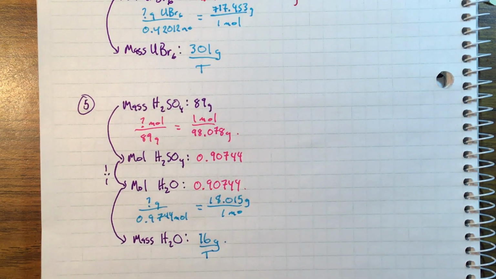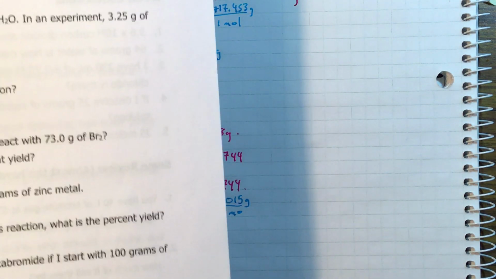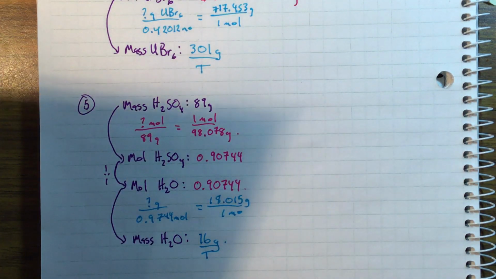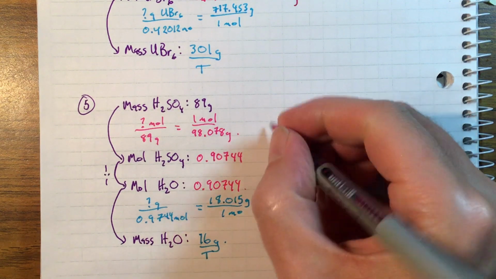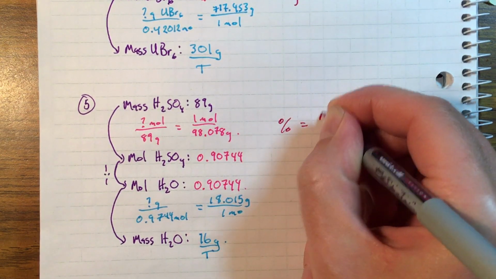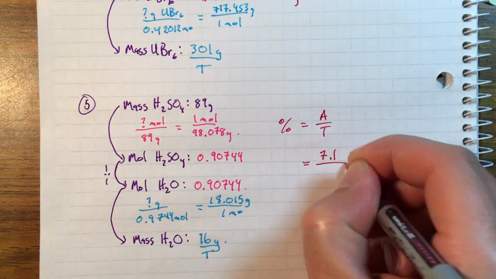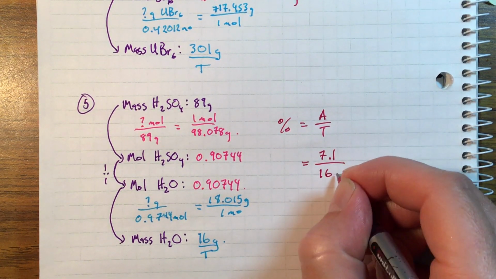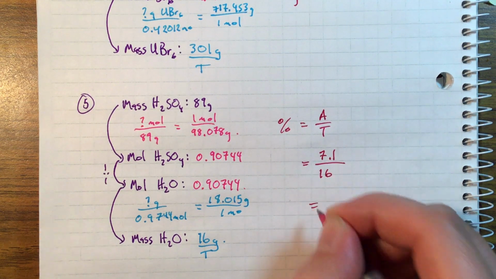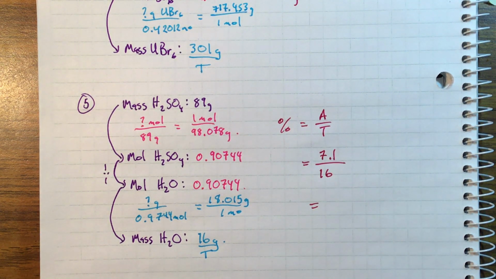This is our theoretical. So now we are going to do our percent yield. Percent yield is equal to actual divided by theoretical. Our actual is 7.1, that's 2 sig figs, divided by the theoretical 16, which is 2 sig figs. But I use the whole number in my calculator, and I do 7.1 divided by that number that I just had.